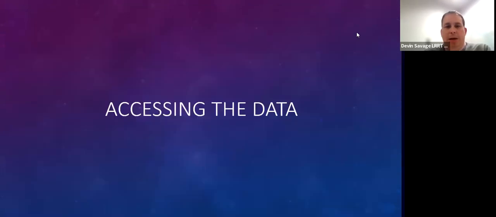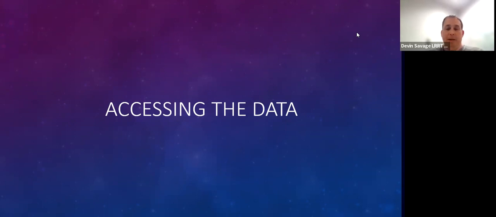So in terms of accessing the data, the first thing I would say is that anyone who submits the survey gets that initial top line view of the data. You get a look at where you are versus your Carnegie class.